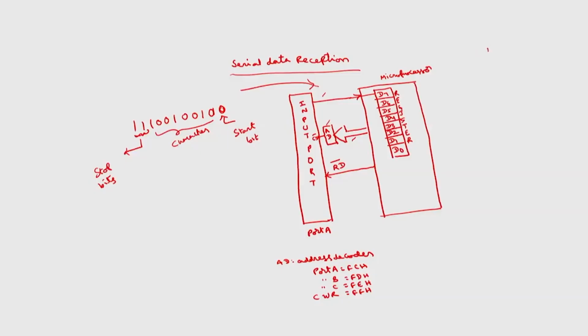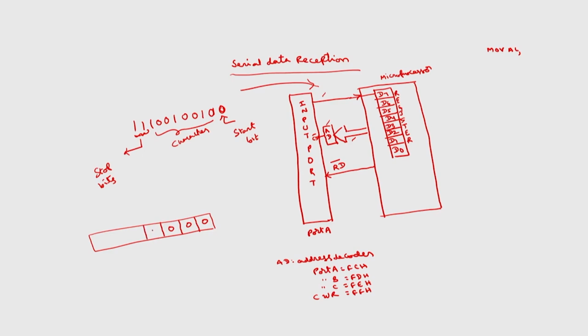The first two instructions are the same: move AL comma 90H. Sorry, here we have to program this port A as input port. In order to program port A as input port, what is the control register? Port C lower, we are not using, so we can take it as output port. Port B, we are not using, I will take as output port. Mode selection for port B, I will take mode 0.